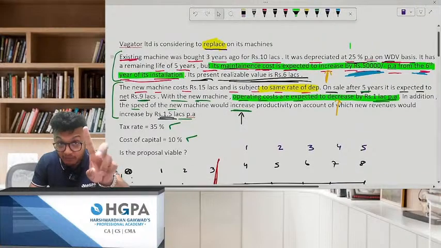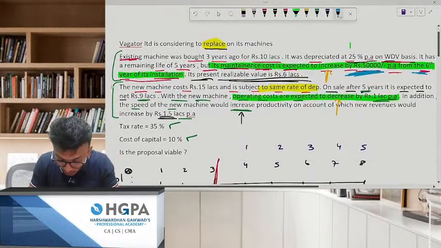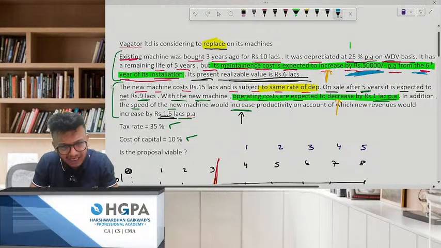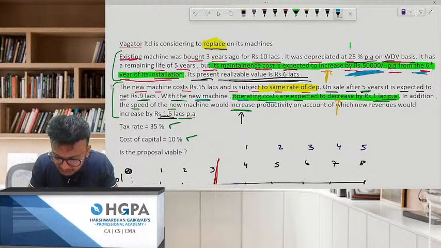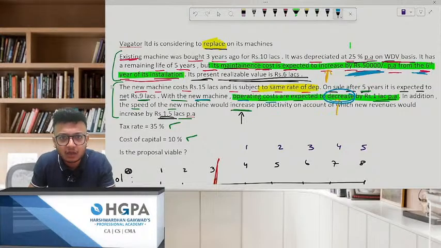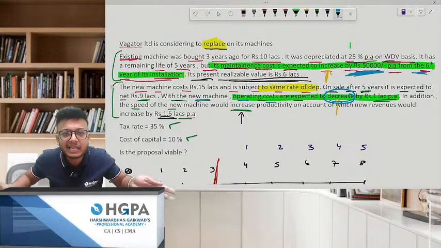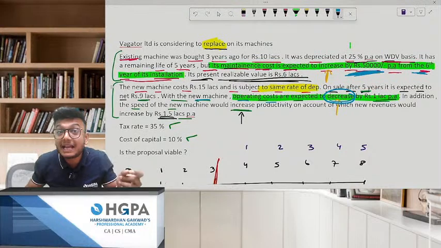That is one point. Second point, coming to the new machine, that is simple. If you buy the new machine, your operating costs are expected to decrease by 1 lakh. That is my inflow only, my savings only. If I'm saving 1 lakh rupees per annum because of the new machine, that is my savings.